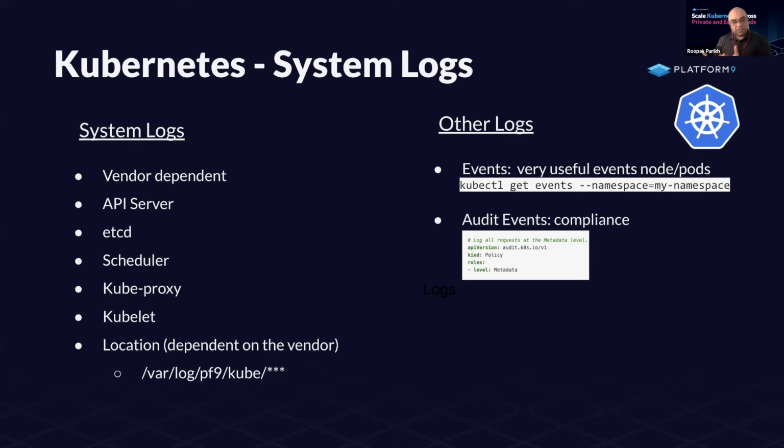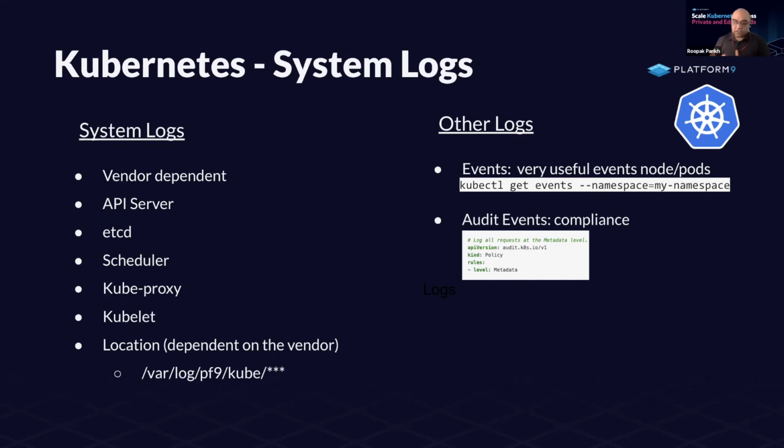For worker nodes, it's important to look at the kubelet log, specifically if you're running into situations where Kubernetes is not behaving. Obviously, with Platform9, we take care of it, but if you're running it by yourselves, you need to make sure that you have those. And it's important because some of the problems that you will see in the application may be because of issues inside Kubernetes itself.